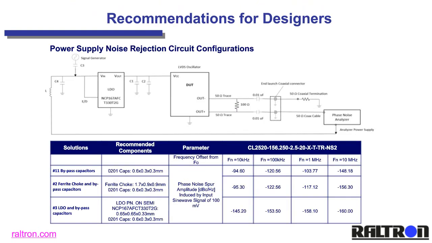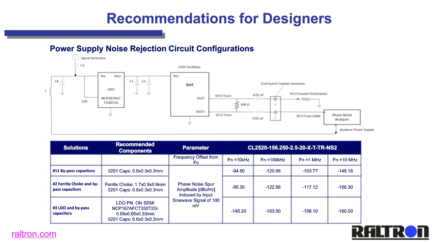Last but not least, very important, it is important for the customer to use as clean a power supply as possible in the application. Sometimes this is there inherently, sometimes it is not the case. And we are recommending several circuit configurations.